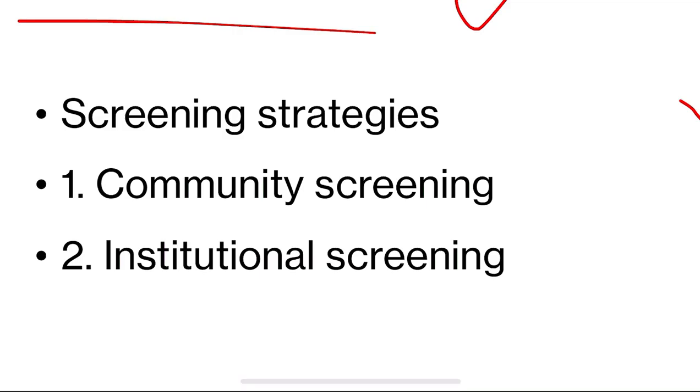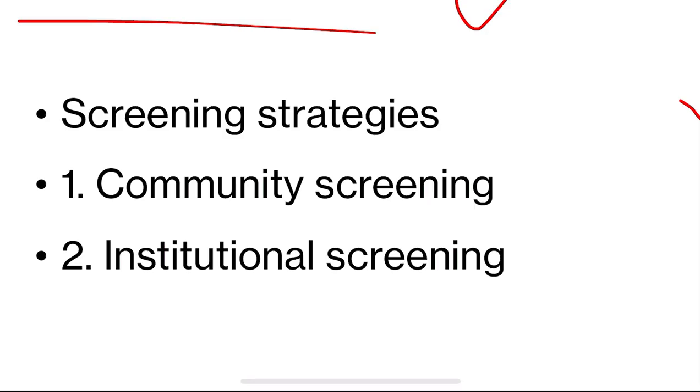Systematically, they will perform the active screening of these vulnerable individuals in shelters, and we will also perform the screening in old age homes, refugee camps, correctional facilities, and any other specific locations such as workplaces.